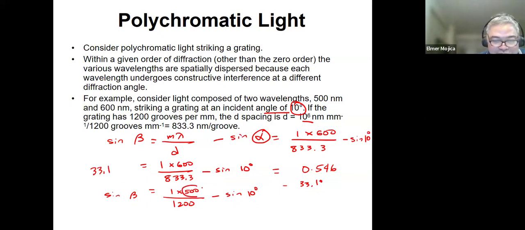So what if it is 500 and then a distance between the groups of 1200? So that is equal to what? What angle did you get?